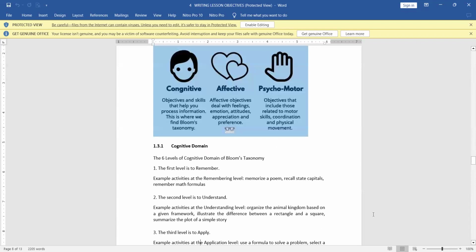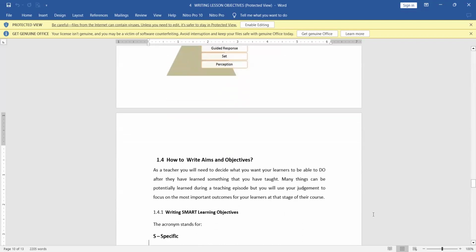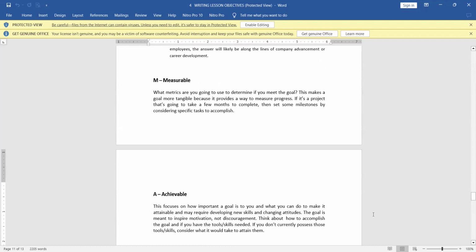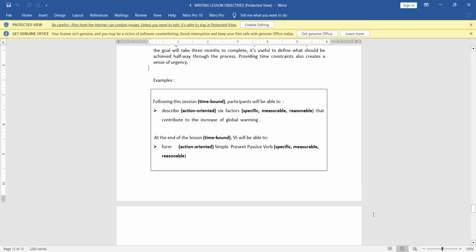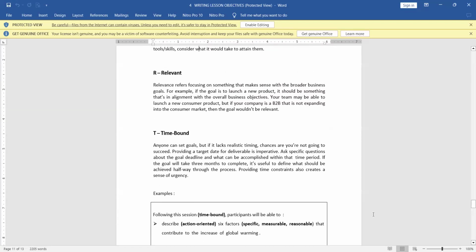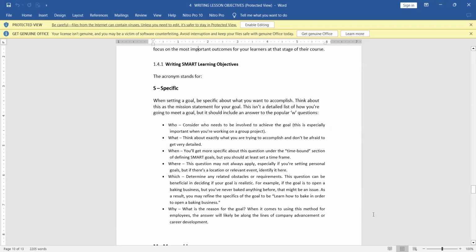Now, cognitive, affective, and psychomotor we looked at. Okay. Now, before looking at these examples, I want to talk to you about another aspect related to writing specific objectives, right? Then we will look at some specific objectives for different lessons.